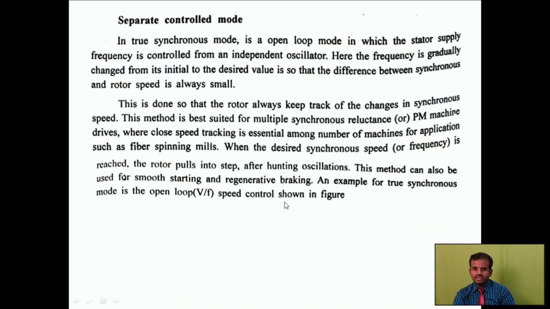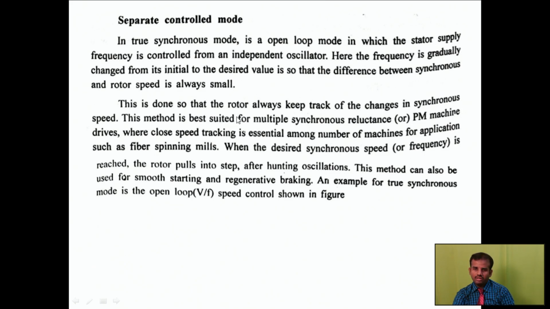The stator supply frequency is controlled from an independent oscillator. The frequency is changed from the initial to the desired value so that the difference between the synchronous and rotor speed is always very small, so that the rotor always tracks the changes in synchronous speed.